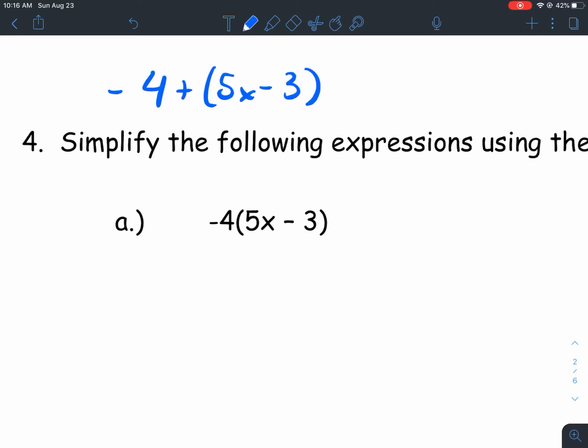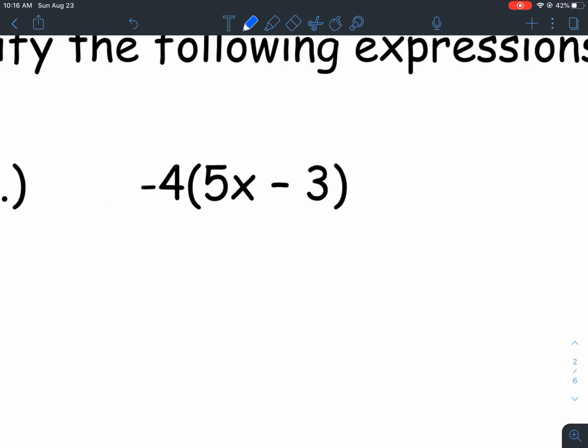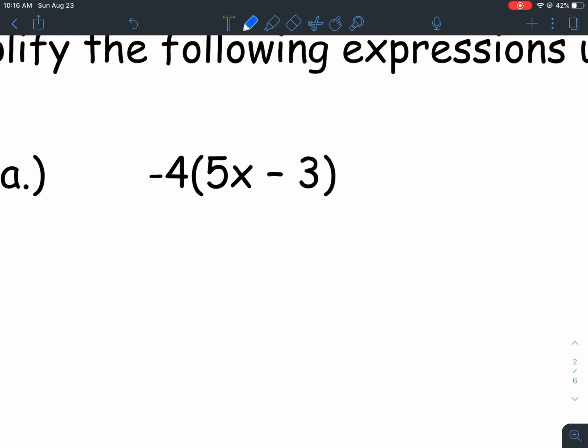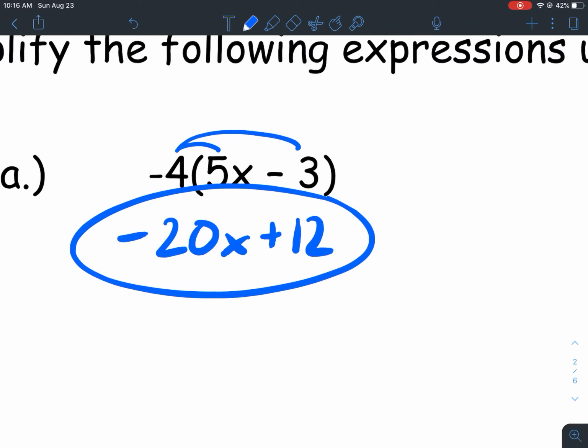Since this 4 is not right next to that parenthesis, you do not distribute that. All right, but in this case, our -4 is right next to our parenthesis, which tells us we need to distribute to all of the terms within the parentheses. So we get -20x plus 12, and then we're done.